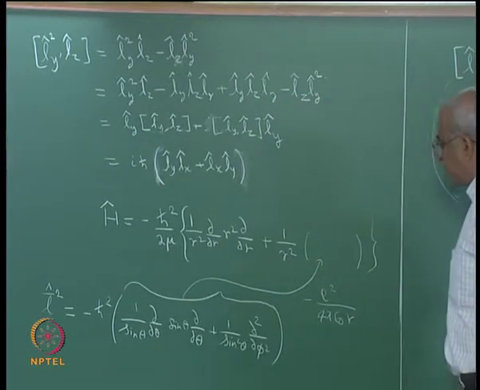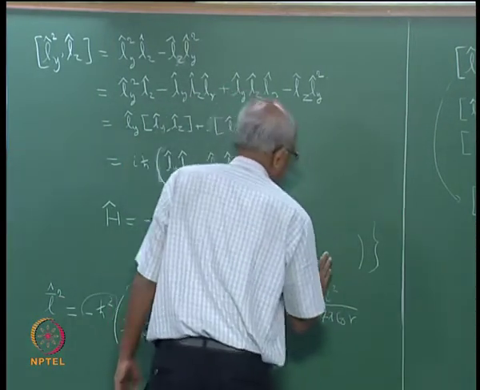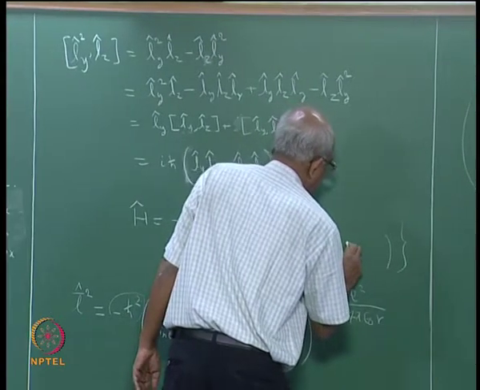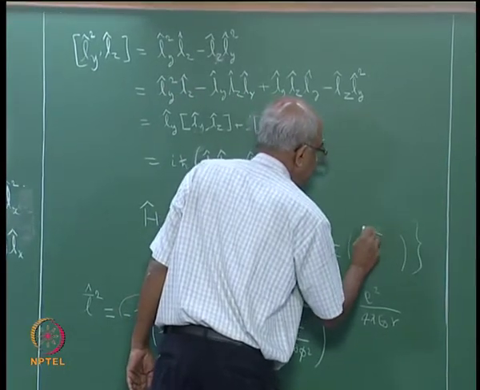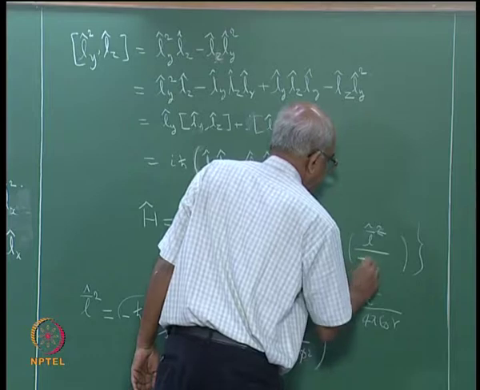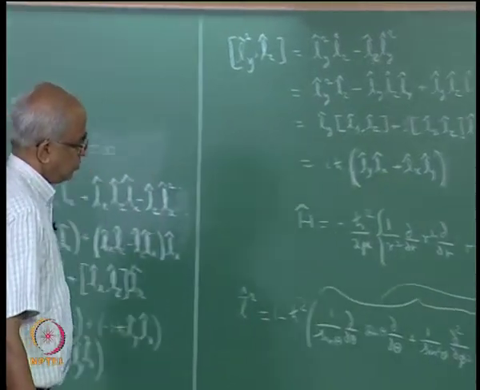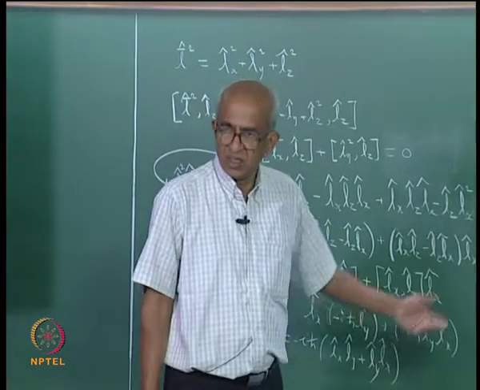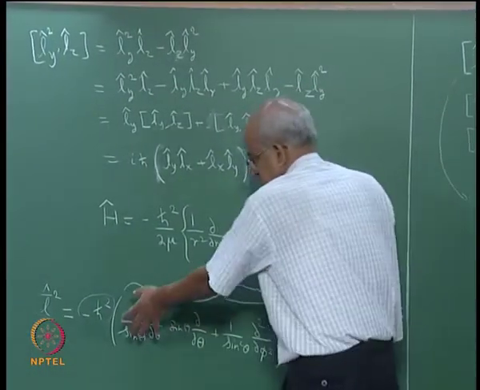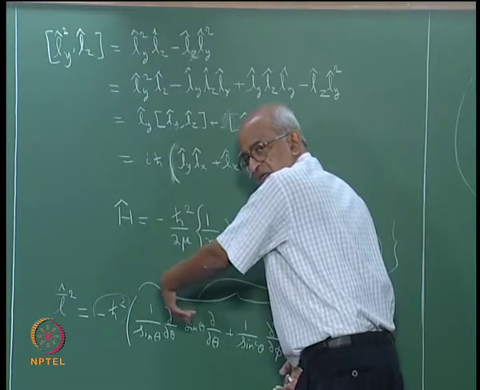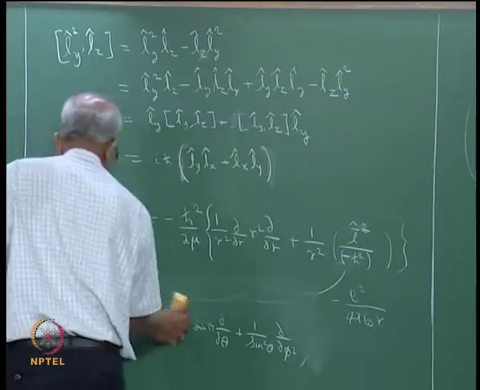So therefore, what I can do is I can remove this minus ħ square, move it to the other side and say that after all my Hamiltonian is nothing but L square divided by minus ħ square, that is all, right. Because you see in the Hamiltonian, this portion was the angle dependent term, which is precisely what you find when you actually calculate L square. So you can write it in this fashion, and therefore if you like you can rewrite the Hamiltonian.